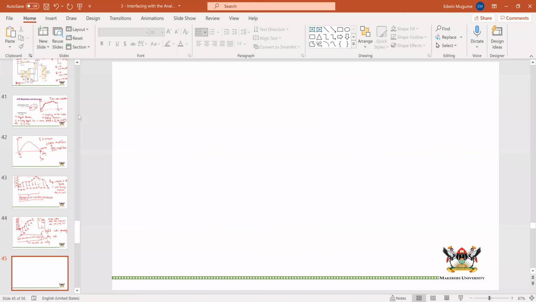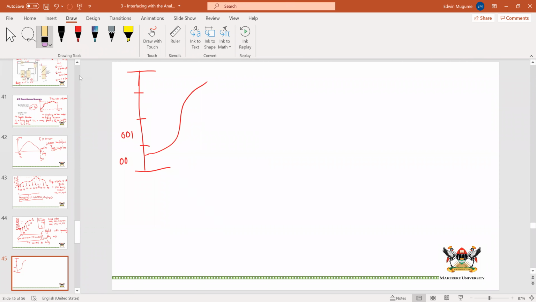So let us look at our signal again, and we are going to use 2 bits. So we have levels 00, 01, 10, 11.